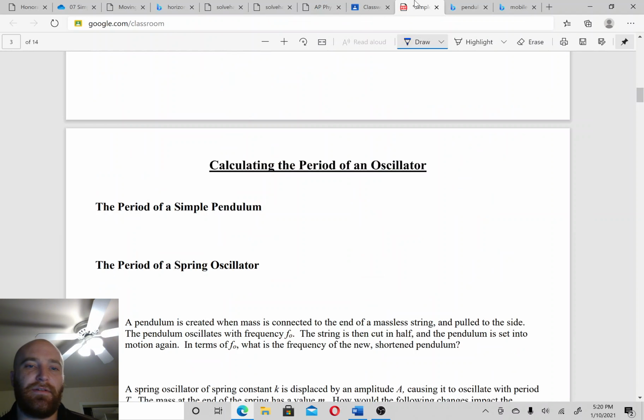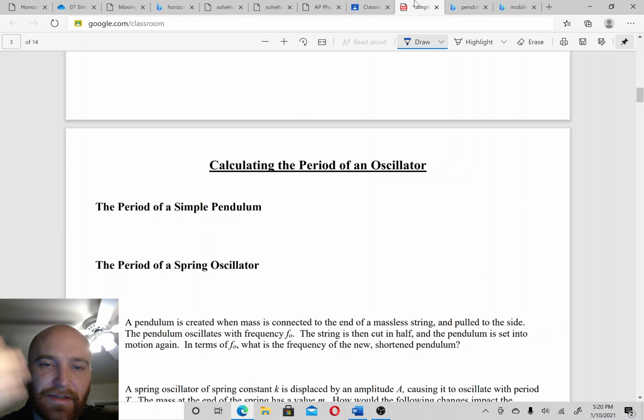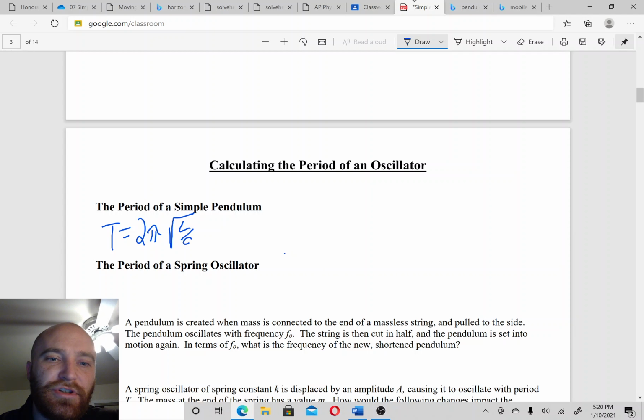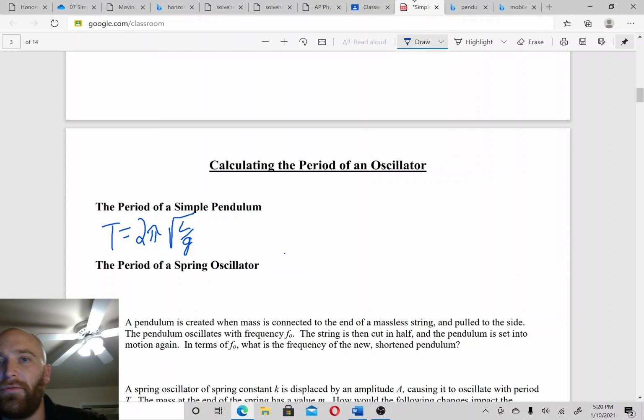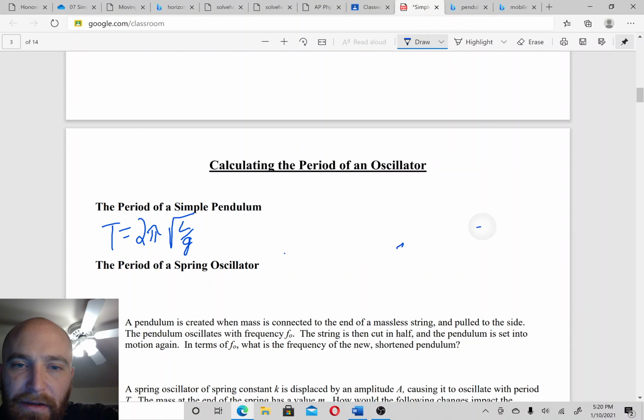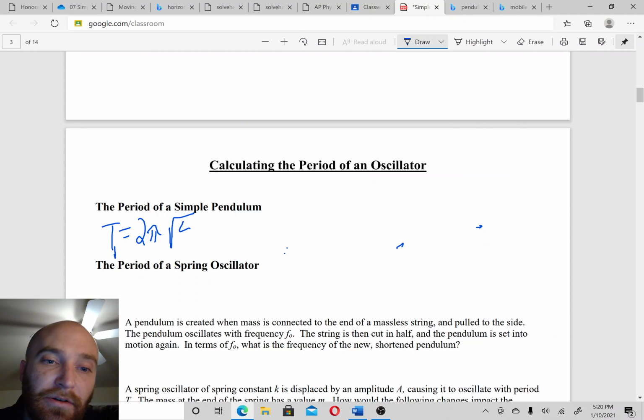So let's get these all in your notes so you have them. T equals 2 pi square root L over g. They've got a script L, which is common when you write it. I just find that mine look like zeros or E's, so I'm going to go with a capital L. Oh, I'm sorry, this is the pendulum.